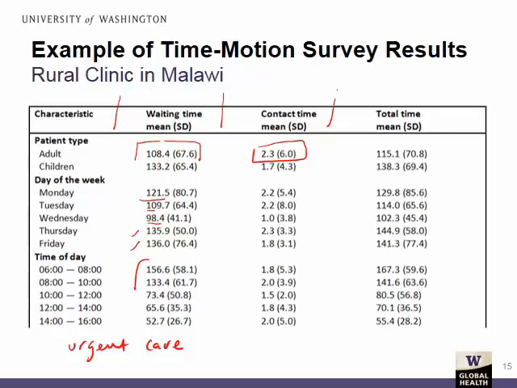So appointments might reduce this distribution from a lot of waiting time in the morning to smaller amounts of waiting time later during the day. So this is an example of time motion estimates that you can use as the resource use estimate of personnel costs.